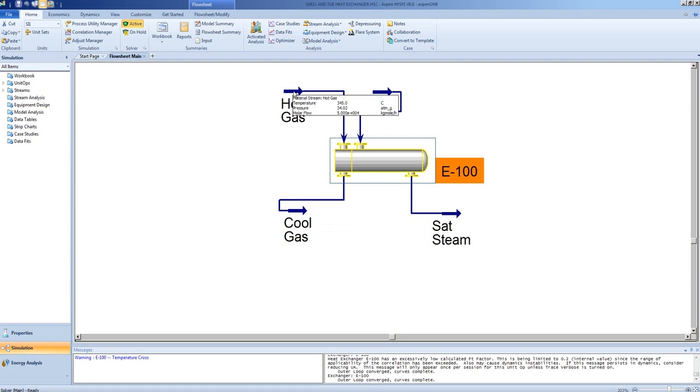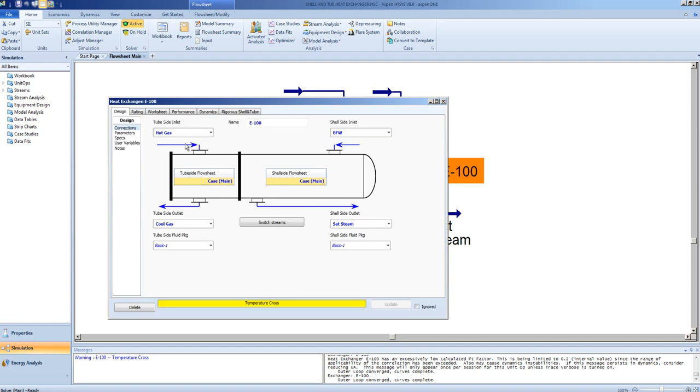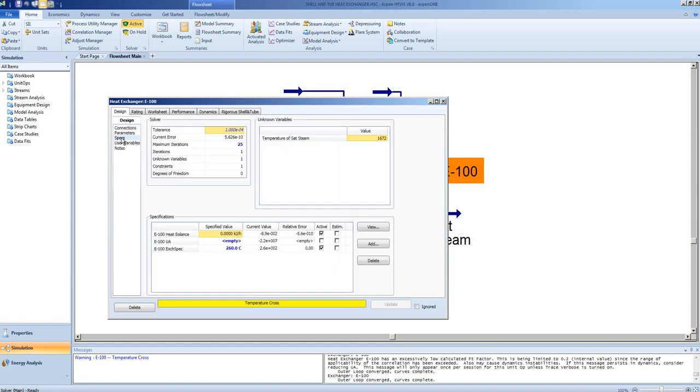This is higher than the hot gas, and therefore it is physically impossible for the hot gas to actually heat the steam up to this temperature. So specifications not only need to match up in terms of the degrees of freedom, but they must also be physically viable.